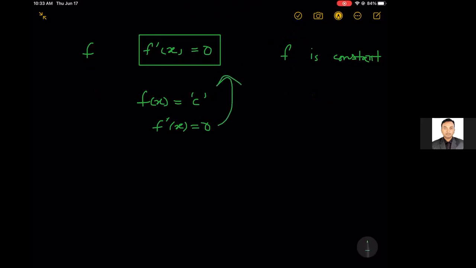We know that if we have a constant, the derivative of that constant will be 0. The theorem says if your derivative is 0 everywhere on an interval, then obviously the function is constant. Does it make sense? We have already seen this, right? But in the reversed order.